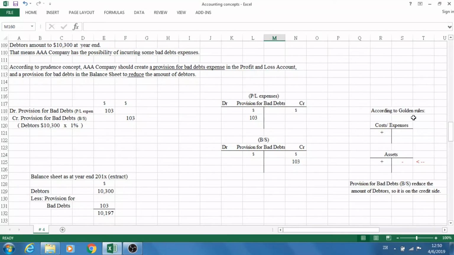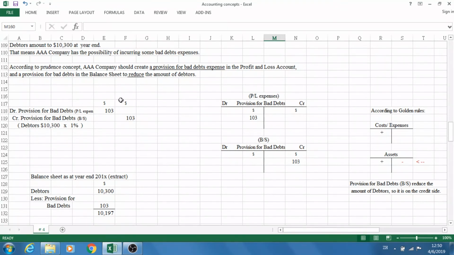According to golden rules, addition of expenses should be on the debit side. That means provision for bad debt expense should be on the debit side. Reduction of assets should be on the credit side. Provision for bad debt on balance sheet reduces the amount of debtors, so it is on the credit side.